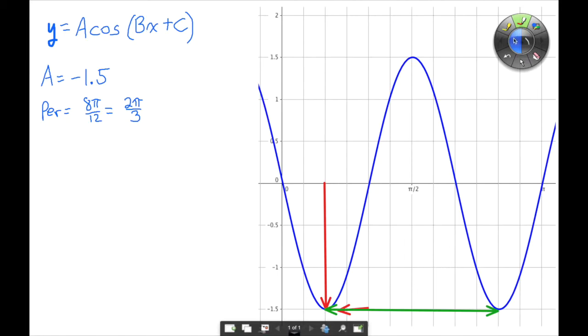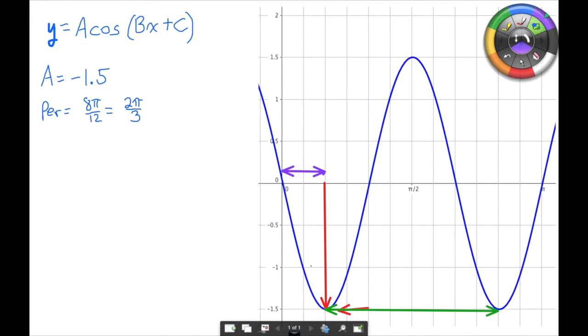One of the last things we need to look for is the phase shift or the translation. So let's try purple. The translation to get to this hump, even though it's been flipped upside down, is the distance between where the hump starts and where it should have started. So we're talking about that distance there.